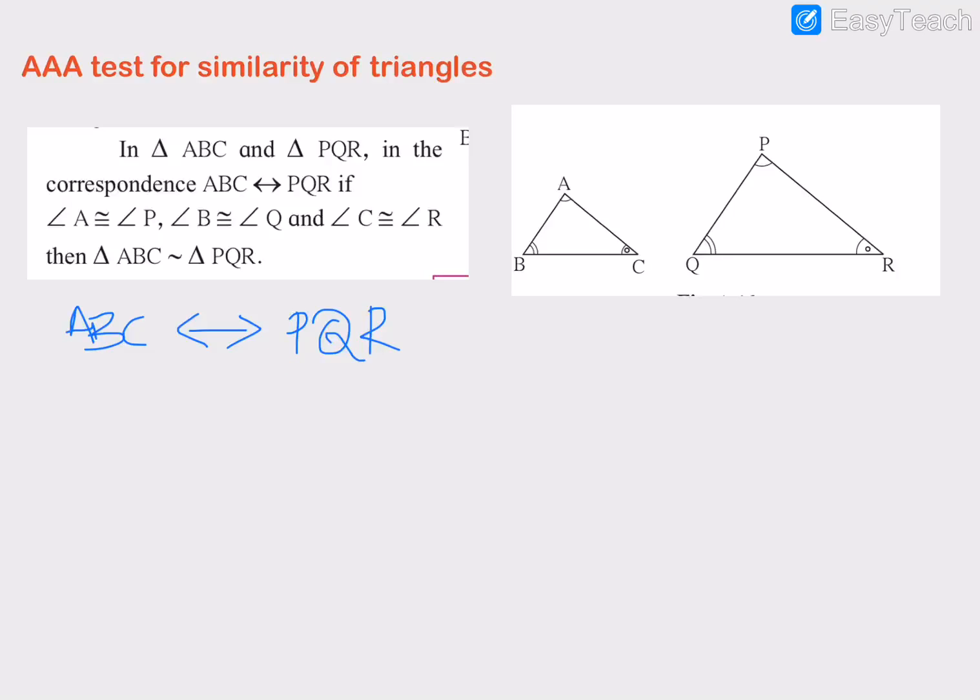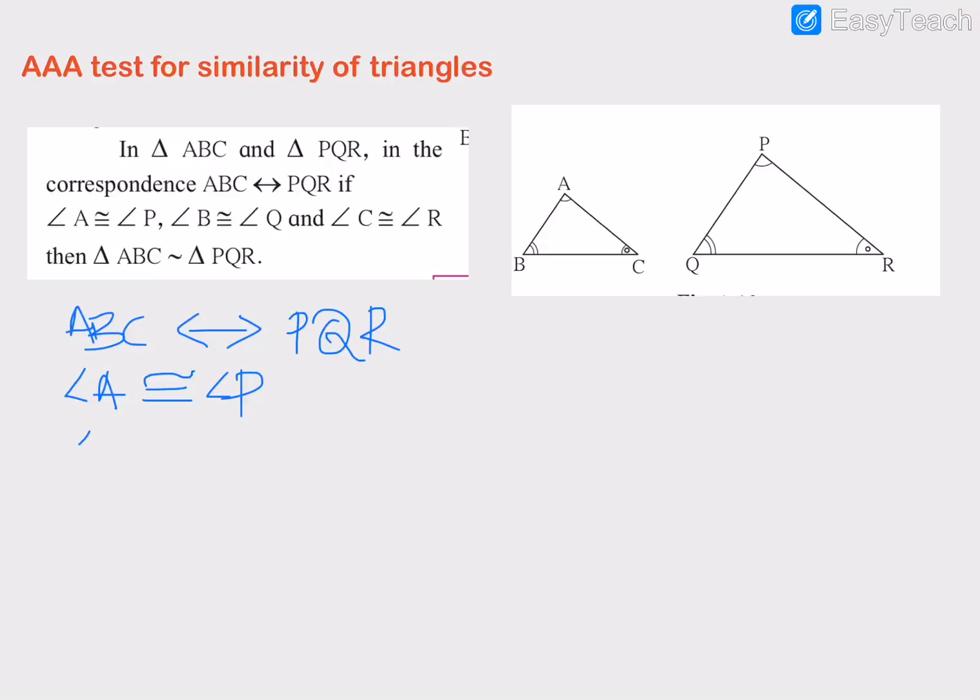And now we look at the conditions for the two triangles to be similar. The conditions are: angle A congruent to angle P. Congruent means equal, so angle A of the first triangle ABC is equal to angle P of the second triangle PQR.